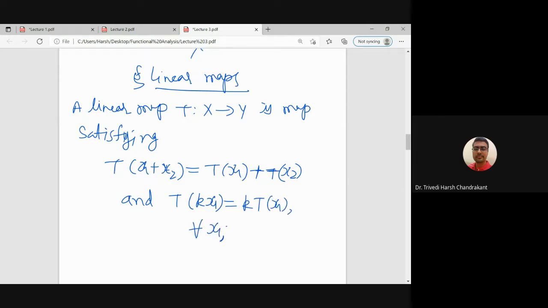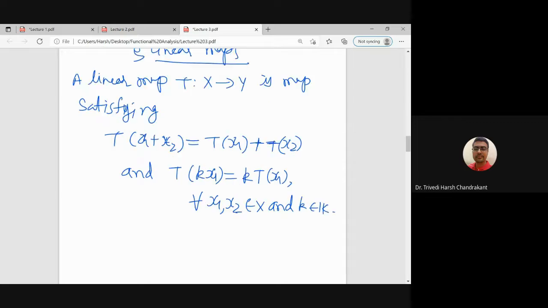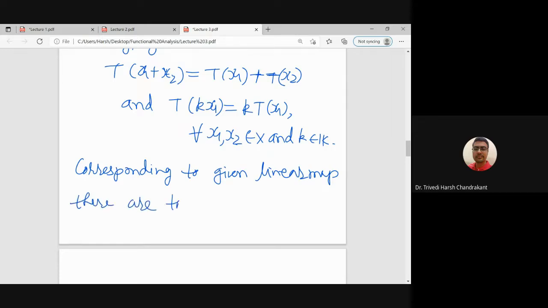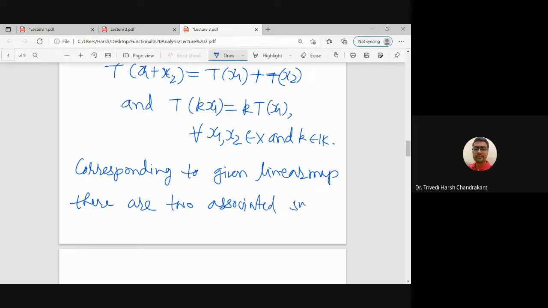For all x1, x2 in X and k belonging to K a scalar. So corresponding to a given linear map, there are two associated subspaces.